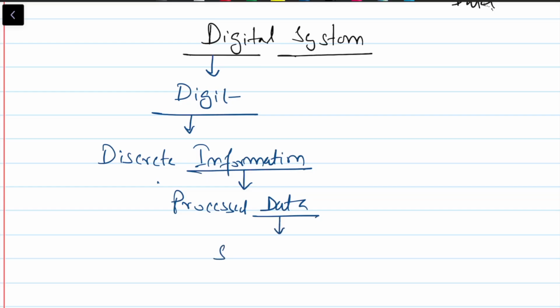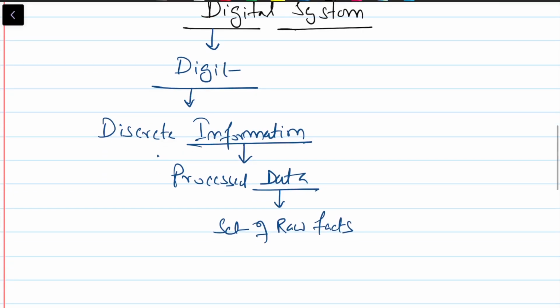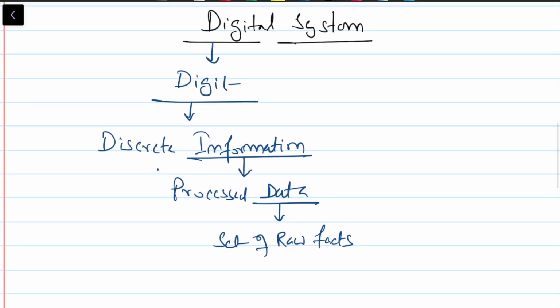Data means a set of raw facts. Facts are something that you cannot deny. So, what are those facts that we cannot deny? These are physical measurements.